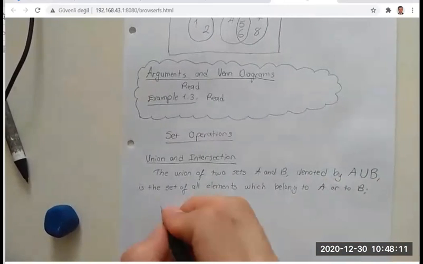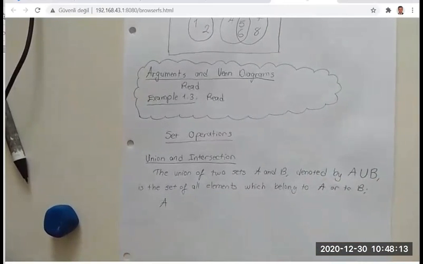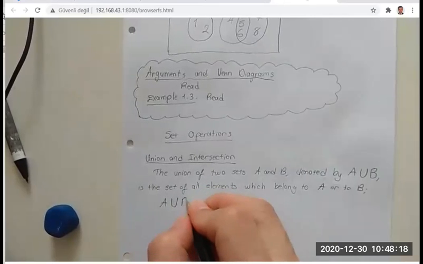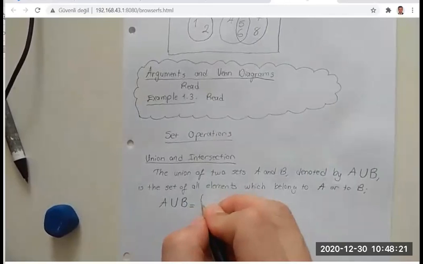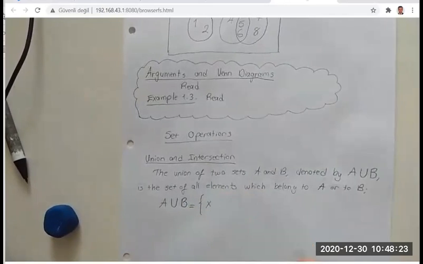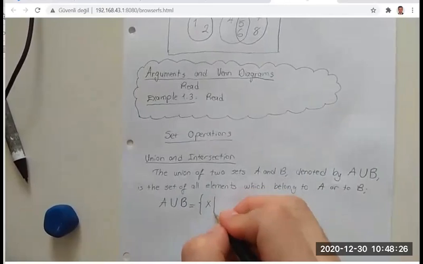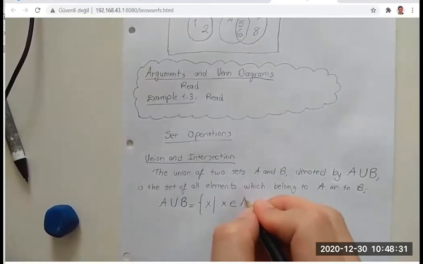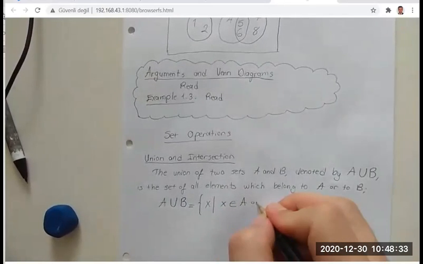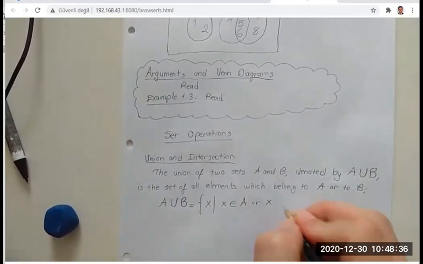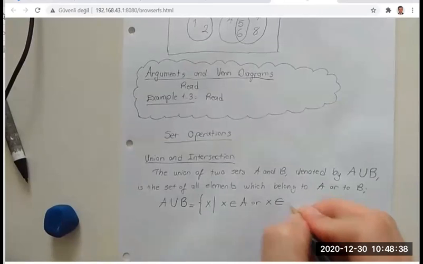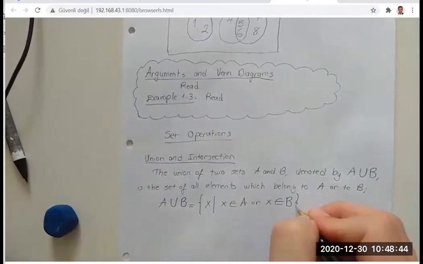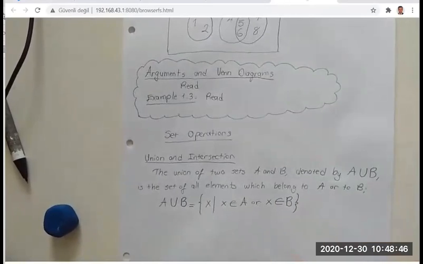So we can write A ∪ B is like there is the X element of A and B. We will write X is a member of set A, or X is a member of B, or inside of the set B. This is the union.